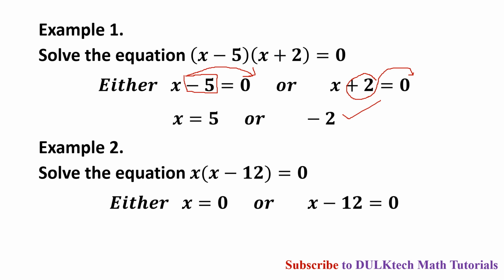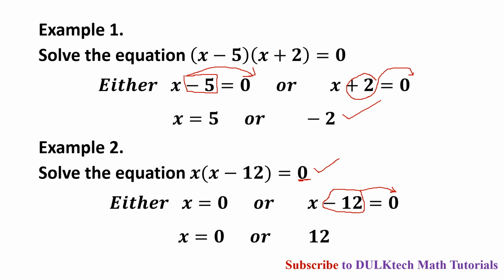If x minus 12 is equal to 0, that means x is equal to 12. We take this minus 12 to the right hand side, and we get positive 12. So our answers are x is equal to 0 or 12. And if you substitute these values back into this equation, you will definitely get 0.